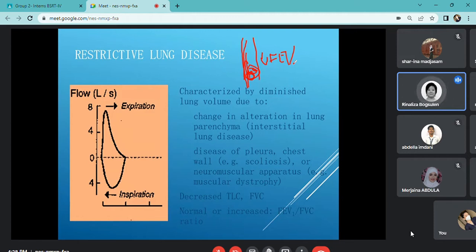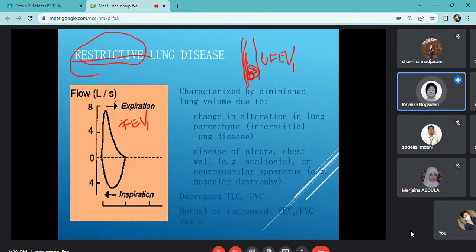What about in your restrictive lung diseases? Why will it actually decrease? The value in your FEV1 will decrease in your restrictive lung disorders. It's because of, when you inhale, kasi nga meron kang restriction. What is the problem here?